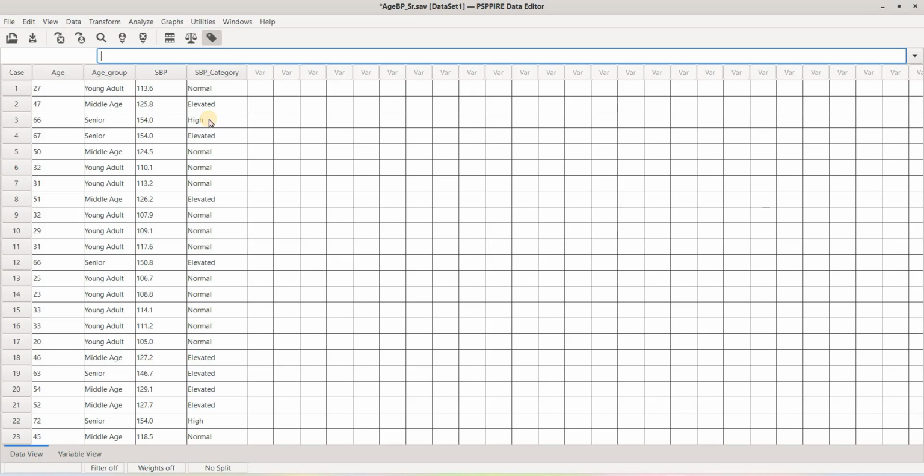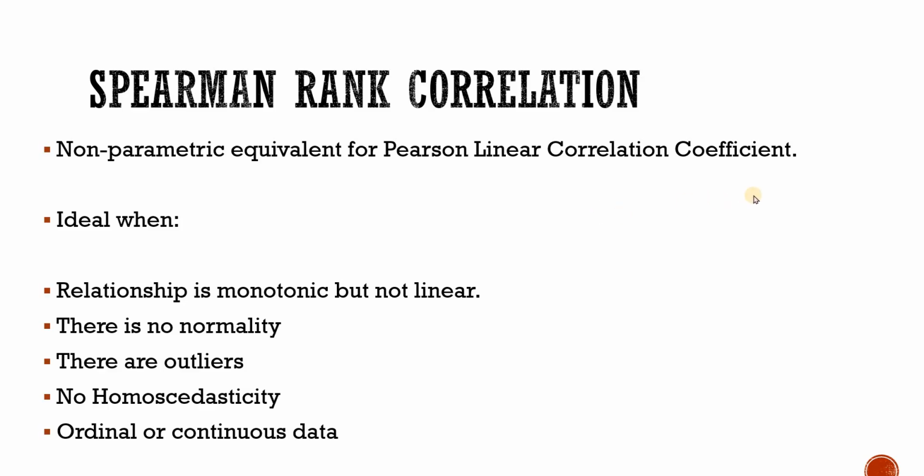Before we get into it, let's discuss when this test is useful, when it is relevant. The Spearman rank correlation is ideal when the relationship is monotonic but not linear. As in, you could see that as one variable is increasing, the next one is increasing, or as one is increasing, the other is decreasing.